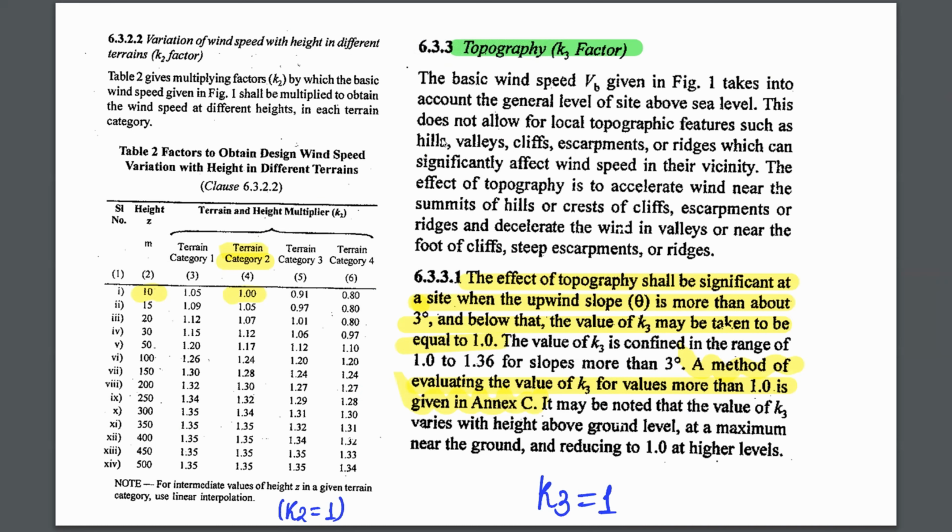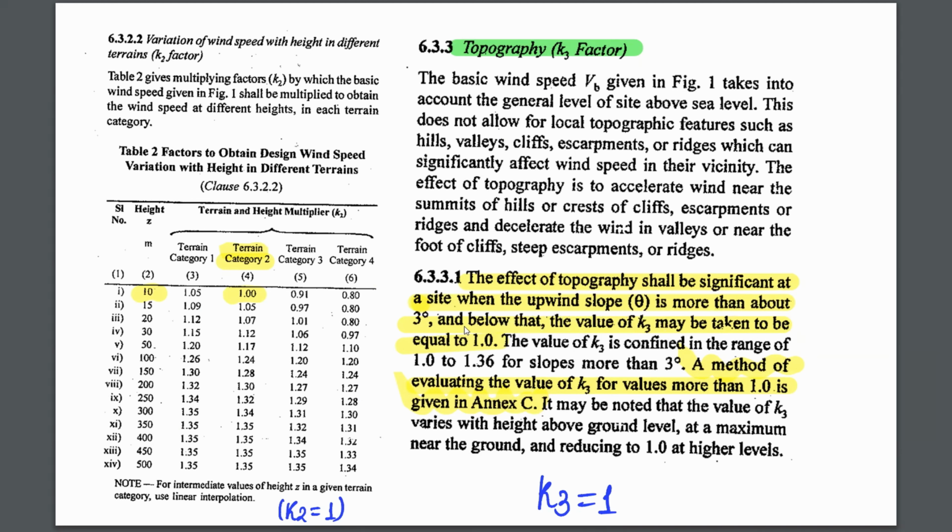Now moving to the third factor, that is K3. So K3 basically depends on the topography, and here you can read the highlighted lines. That is, the effect of topography shall be significant at a site when the upwind slope is more than about 3 degrees. Okay, so I am assuming that the slope angle is less than 3 degree for my case, and you can assume it too.